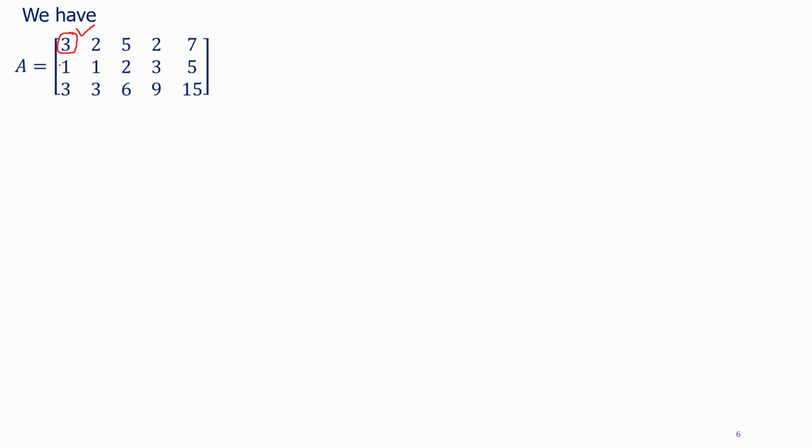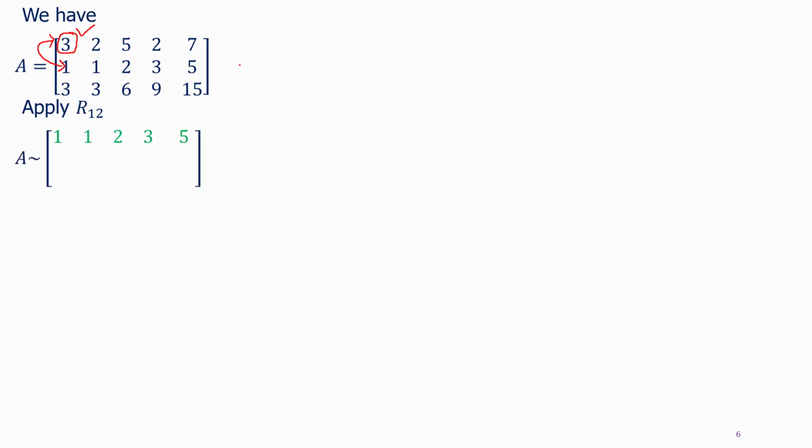Here, if we interchange row 1 and row 2, then we can make A11 as 1. That's why we are applying the operation R12. R12 means we are interchanging the positions of R1 and R2.